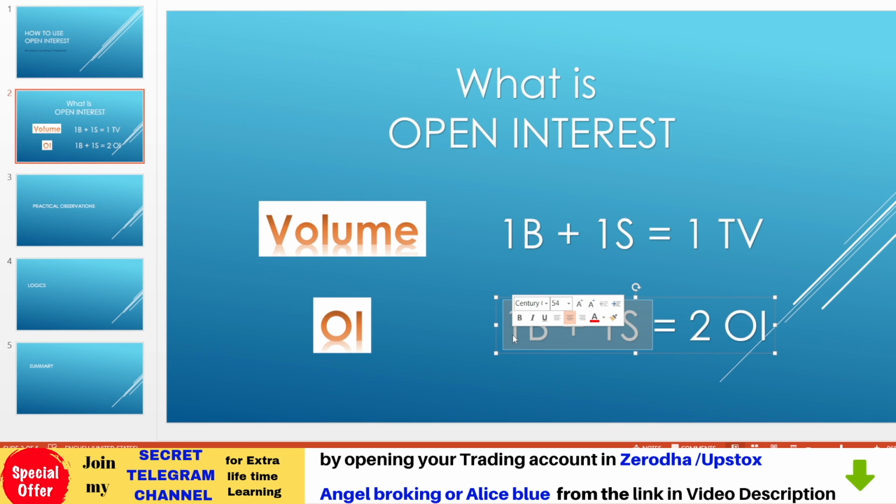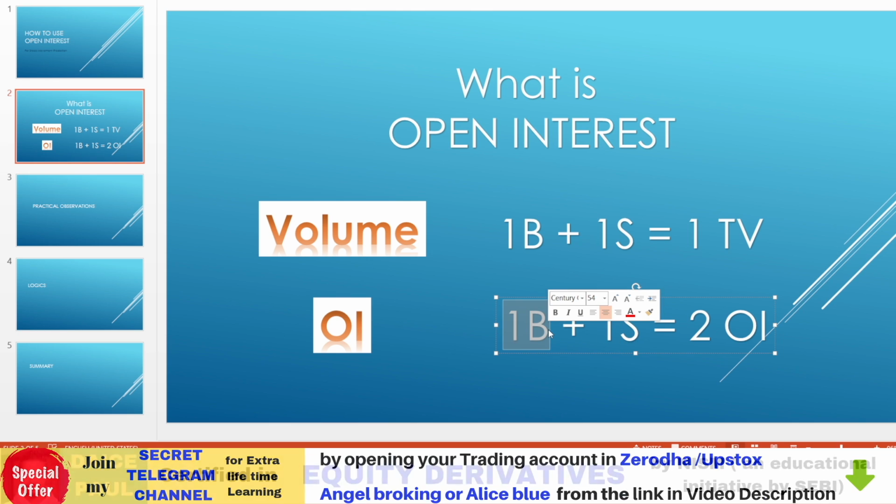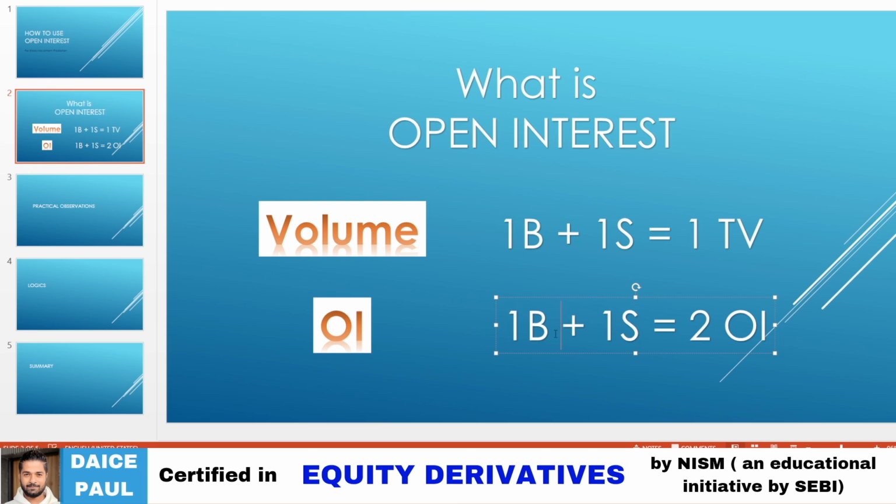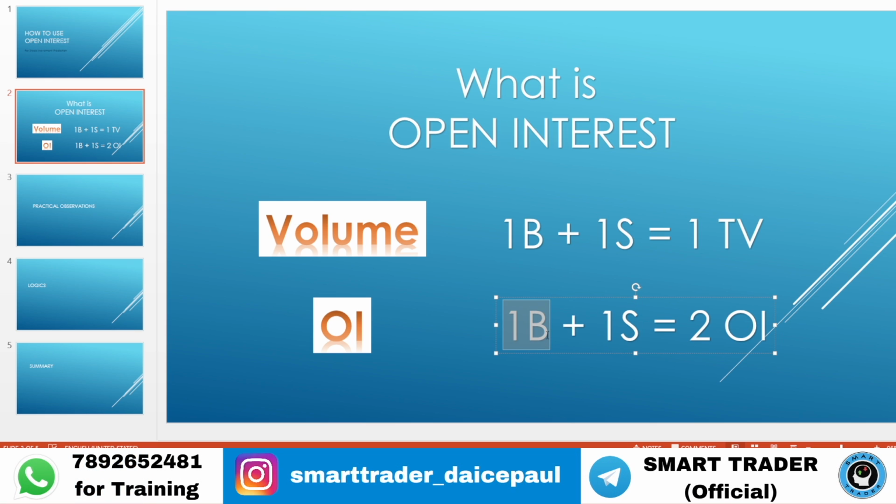I know it is matched and the trade is done, but from both ends the contracts are still open. His contract has not yet expired and he has not closed his position. If he has to close, he has to sell his position or allow it to expire. In the same way, whoever has sold should allow it to expire or close the position before expiry. So both of them have not closed. He has opened one, he has opened one, so the open interest is two.